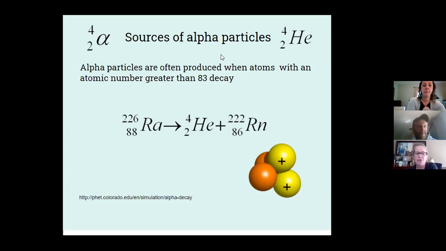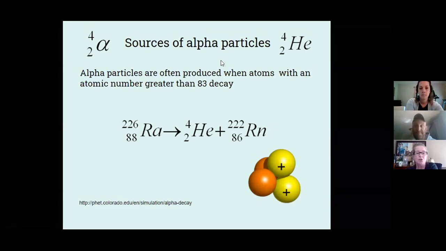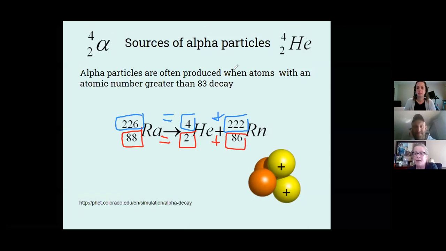If you look at the 3 mass numbers, you got 226 equals, so you almost replace that arrow with an equal, 4 plus 222. Okay, and this is going to become handy when we get to part B. And then you can do the same thing with the atomic numbers. You have 88 equals 2 plus 86. Just simple math.